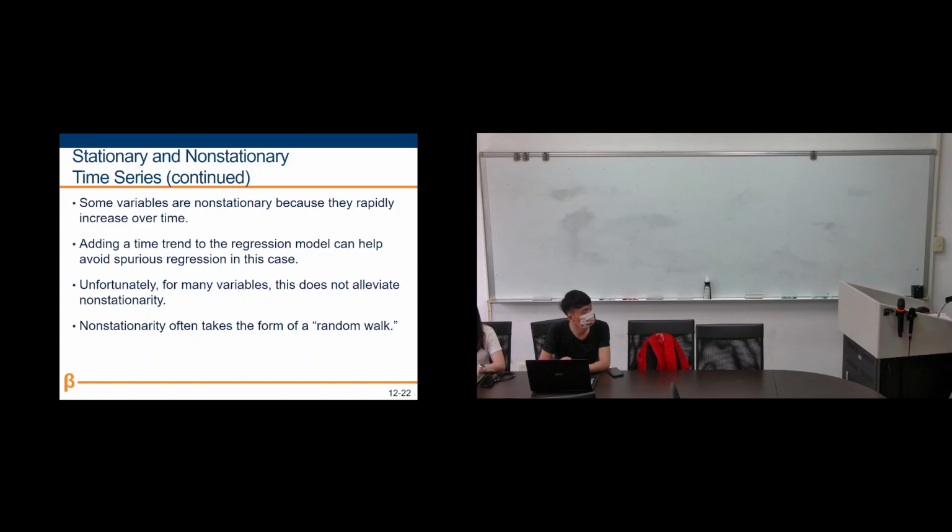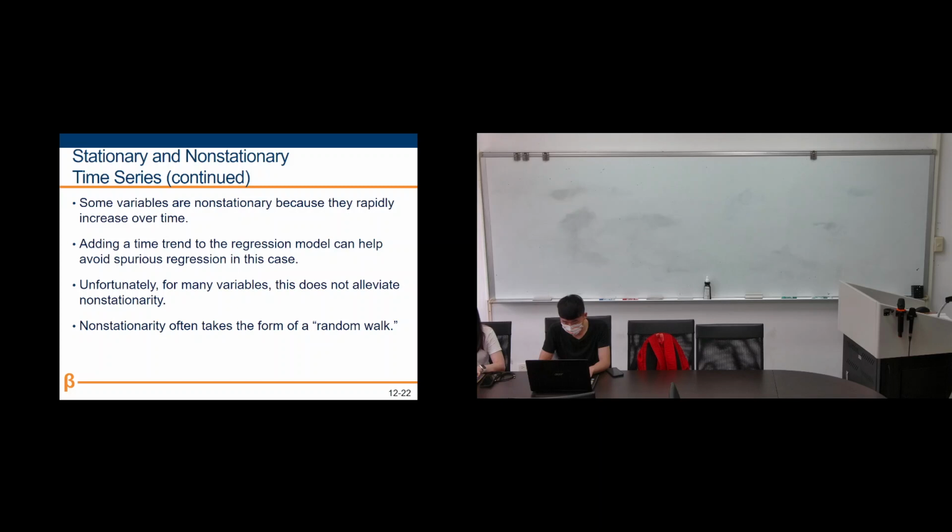Unfortunately, for many variables, this does not eliminate non-stationarity. If it is not just because of time, they have some other reasons to be non-stationary, and then using t doesn't work either. So non-stationarity often takes the form of a random walk.